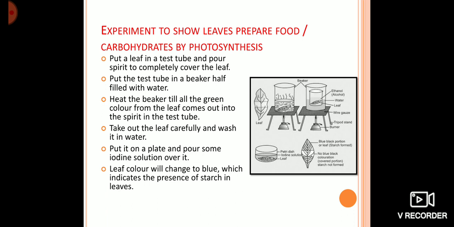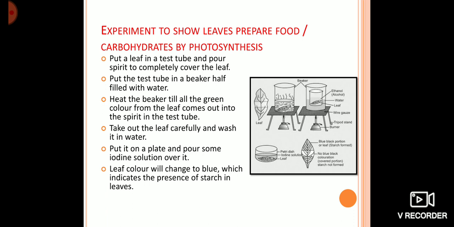What does this mean? This means that in the presence of sunlight, the part of the leaf which was not covered carries out photosynthesis and produces starch. So this proves that leaves carry out photosynthesis in the presence of sunlight.